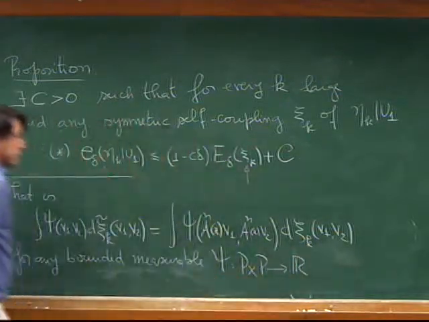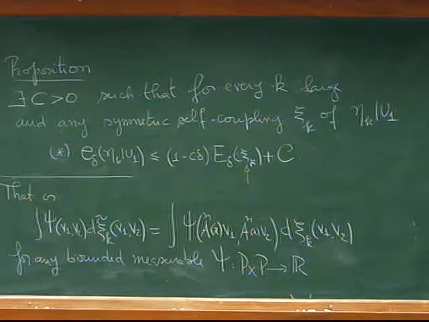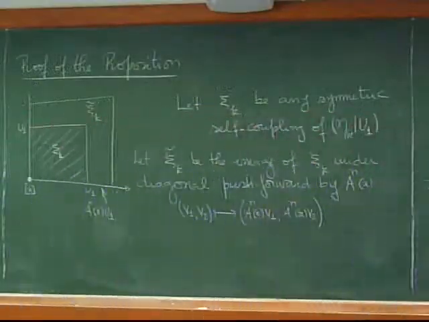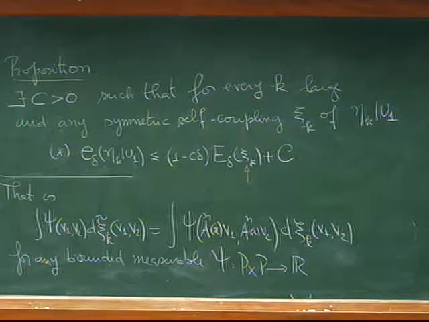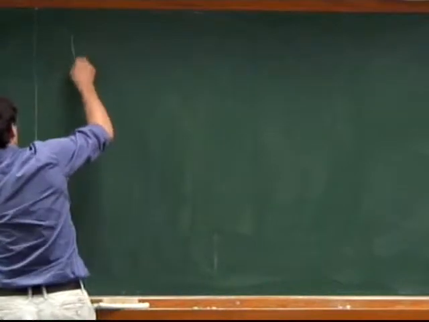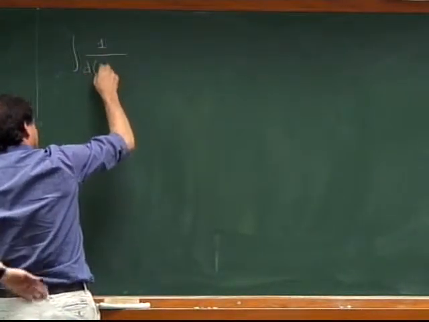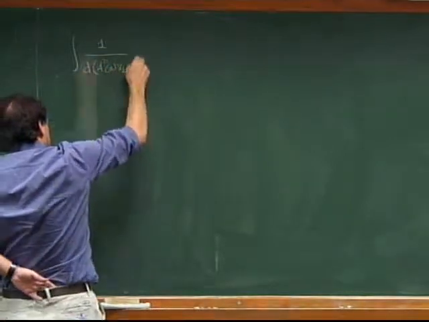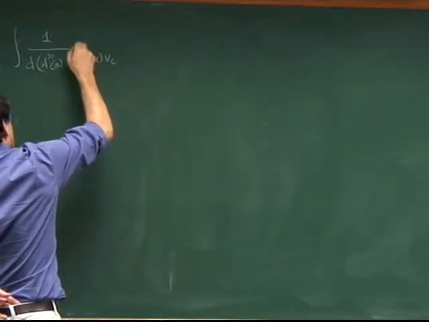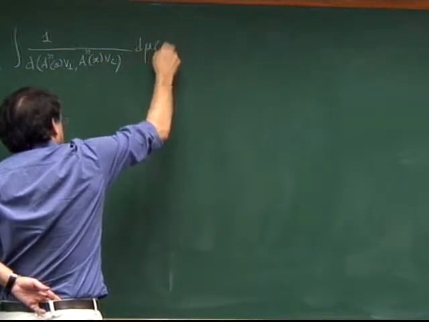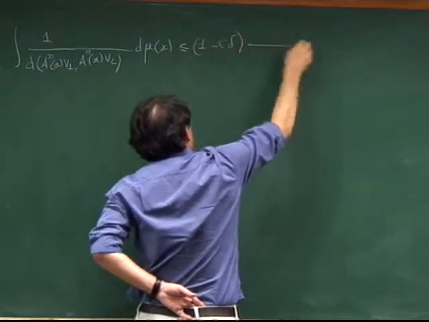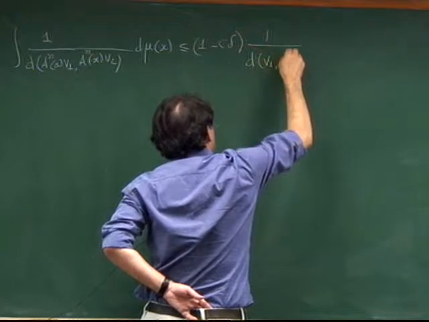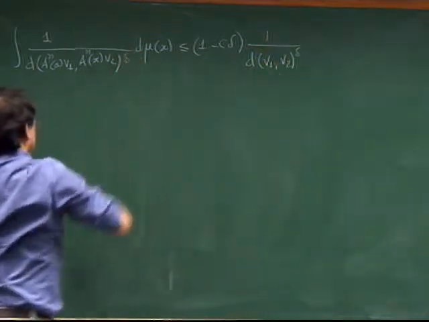Okay, just push forward by diagonal. The fact, and this is still something that I did last time, the fact that this property, that the integral of 1 over the distance of ANX V1, ANX V2, d mu of x, is less or equal than 1 minus c delta times 1 over the distance from V1 to V2 to the delta.